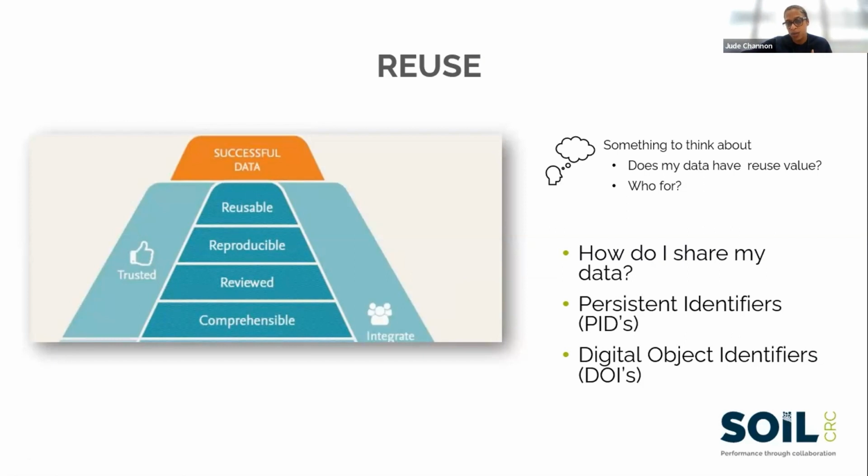So if I'm collaborating with somebody at another university or organization on a data set, there are difficulties in sharing externally. Again, your IT department or your university library will be able to help you work out the best place to put your data if you're sharing internally and externally.